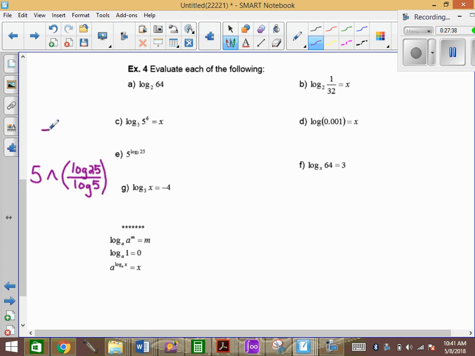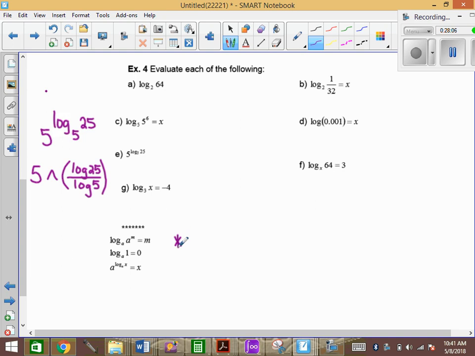If you have the fancy calculators, you're just going 5 to the exponent, pull up your log, and type it in. What do you get for an answer? 25. So these are little things to remember.